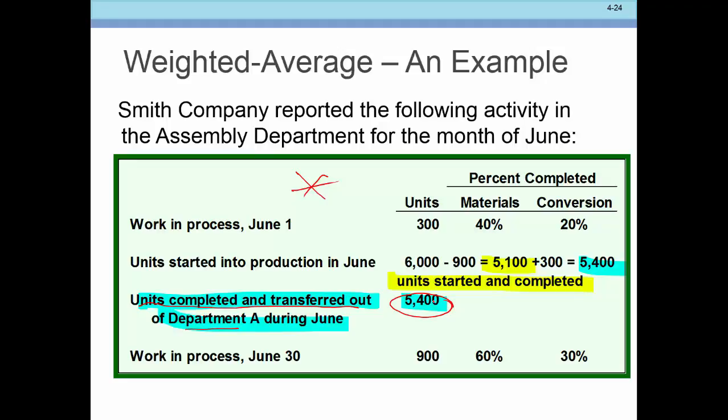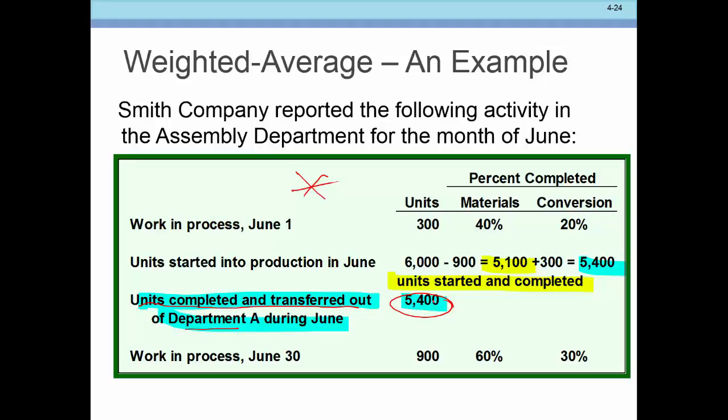Now, sometimes the problem is mean, and they don't give you that 5,400. They make you figure it out, and this yellow highlighting is where I've shown you how to figure that out. They'll tell us units started into production were 6,000. We have 900 units that are still in ending work in progress. Are those units done yet? They're not done yet, right?